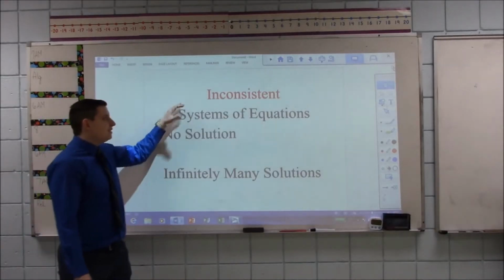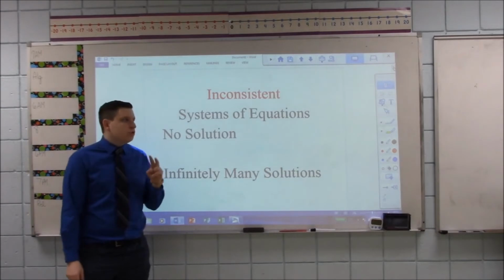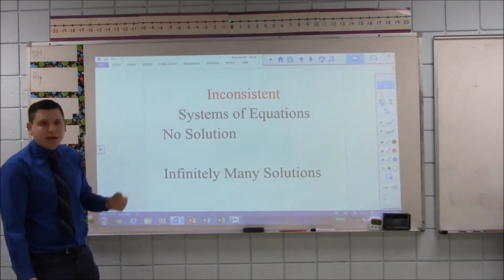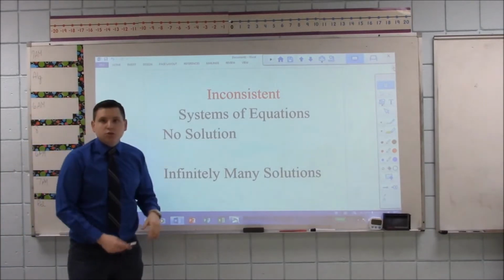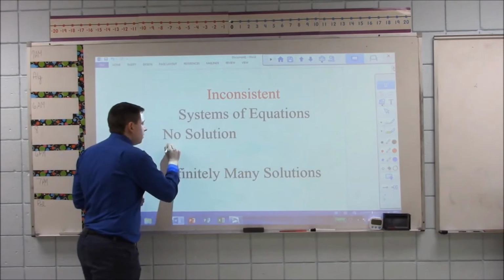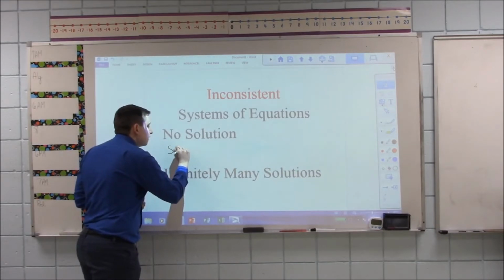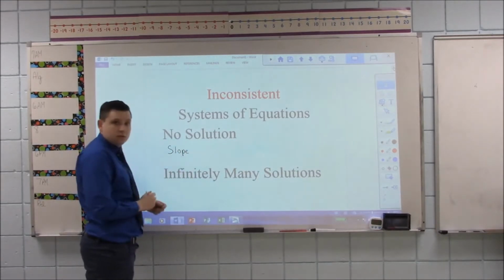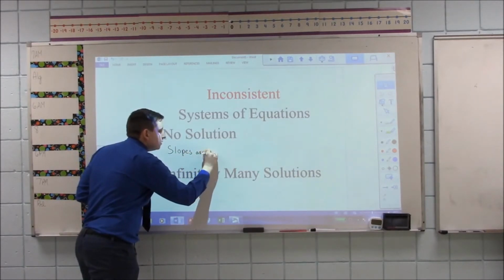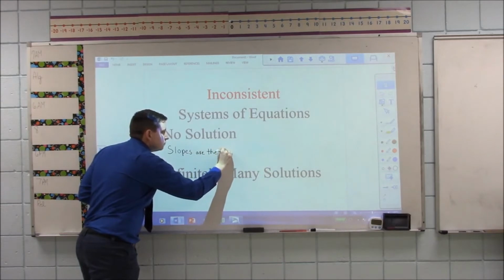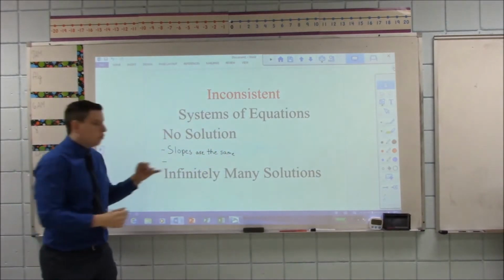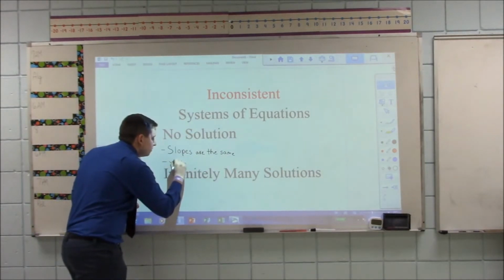In terms of inconsistent systems of equations, there are two possible outcomes where there can either be no solution or infinitely many solutions. So when there is no solution, that would mean that the two lines themselves would need to be parallel. So to check this, you would need to identify that the slope for both of the equations are the same and that the y-intercepts are different.